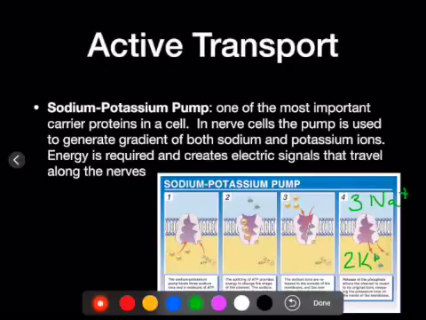And what this does, it creates an electrical imbalance so that our nerve cells can work. Again, sodium-potassium pump, moving of both sodium and potassium ions to create a concentration difference. So we're moving these molecules against the gradient.